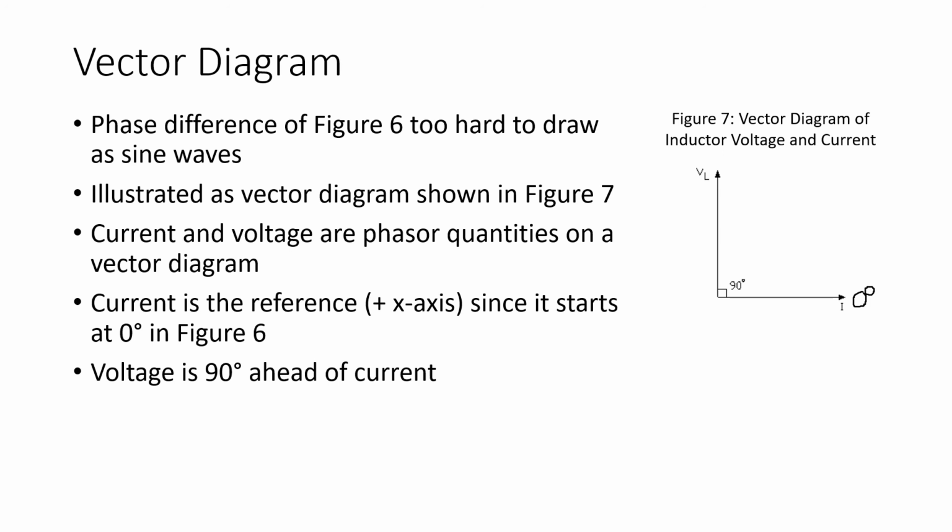So again, with inductors in AC circuits, we have an expanding and contracting magnetic field, and this expanding and contracting magnetic field induces a voltage that opposes the current that makes the magnetic field expand and contract. The higher the frequency of this AC current, the greater the induced voltage.